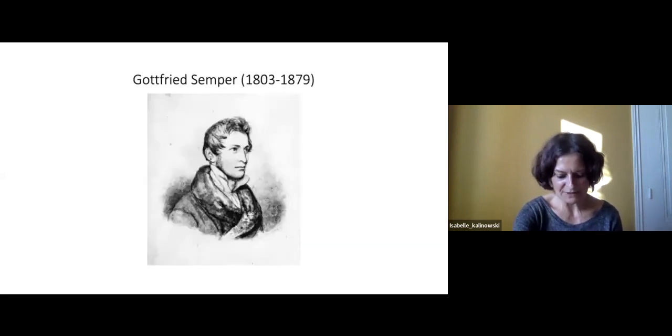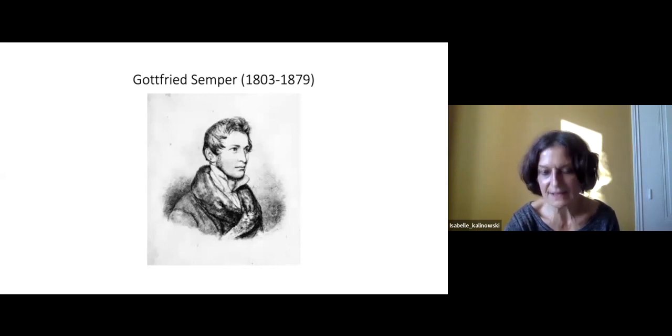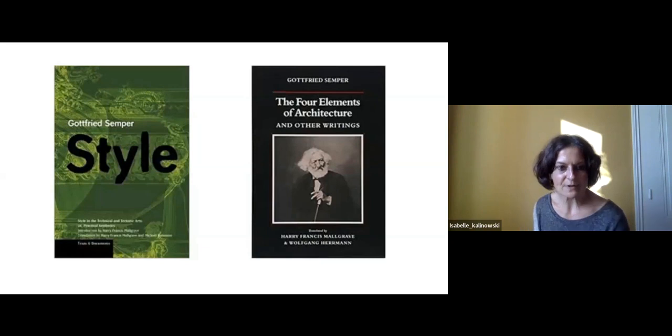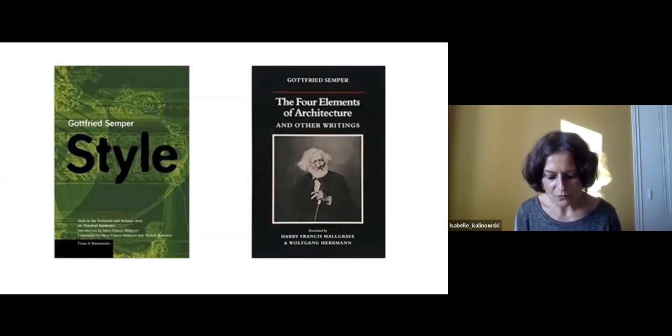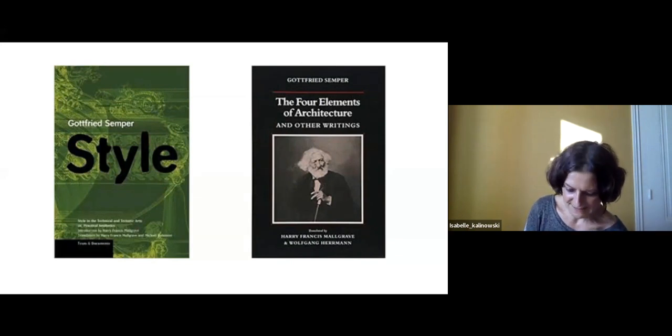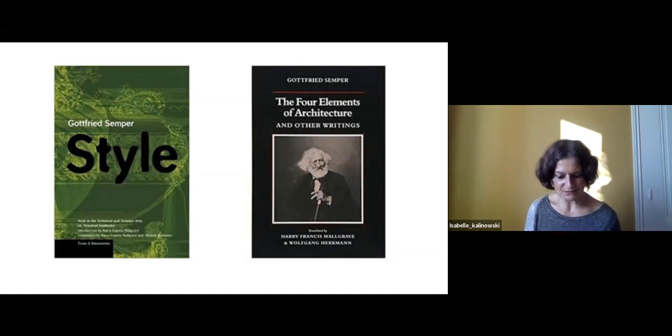In this communication, I will quote abundantly Semper's English translations. So Semper's Style, whose first volume was published in 1860, was translated into English in 2004 by Harry Francis Mallgrave in the collections of the Getty Research Institute.